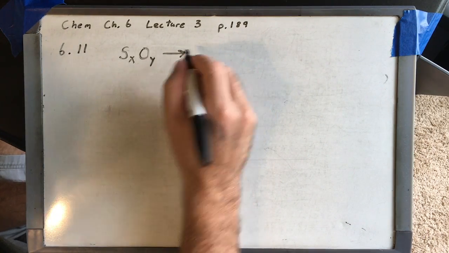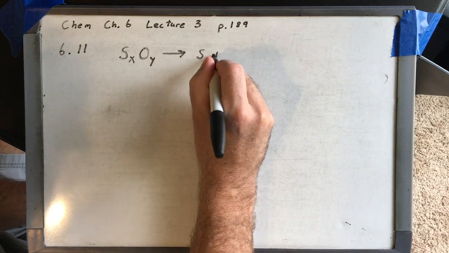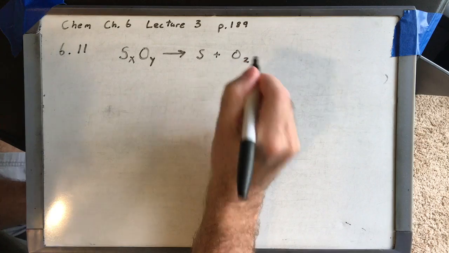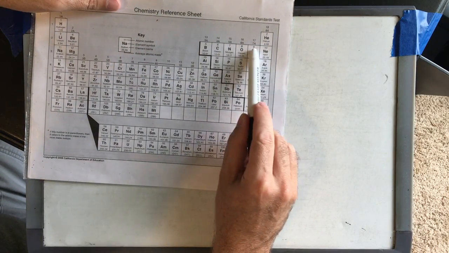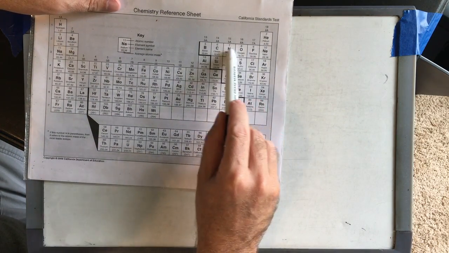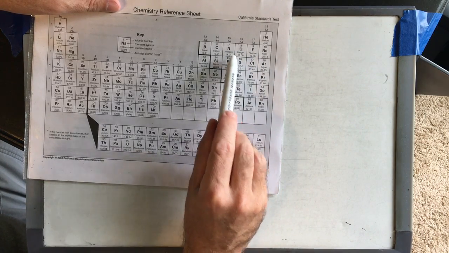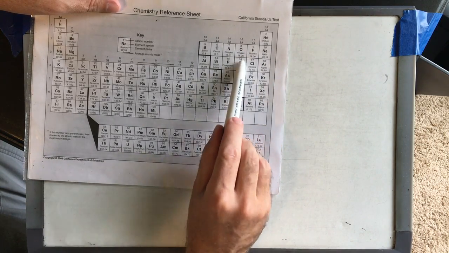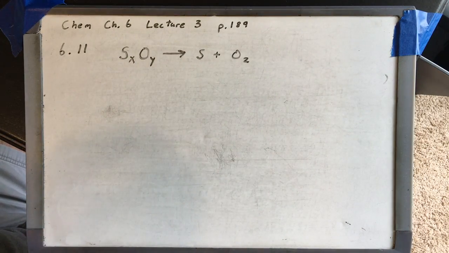And it decomposes into its individual constituent elements. So S plus O2. Now remember, we had to put O2 because oxygen is a homonuclear diatomic. It's part of that 7 we learned, right? Oxygen's there. Sulfur's not in that 7, okay? So sulfur is not a homonuclear diatomic.